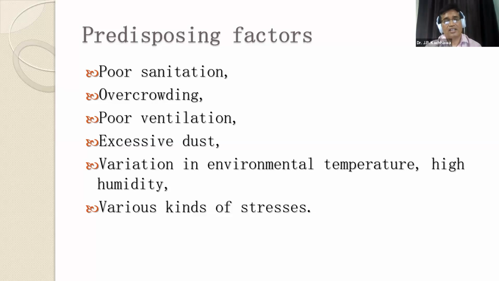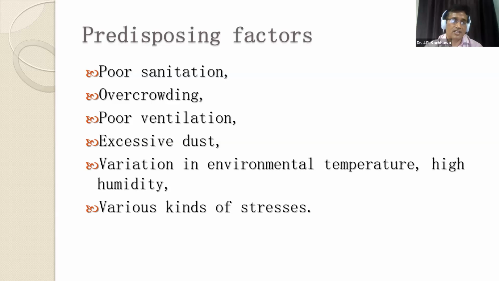So overcrowding is generally happening in our country. It plays an important role in transmitting the infection from infected animals to healthy animals. If the housing is not proper, there will be poor ventilation. This can also prompt the disease.